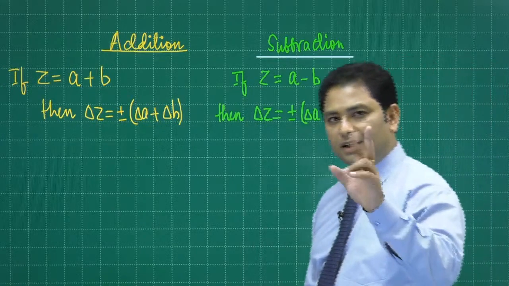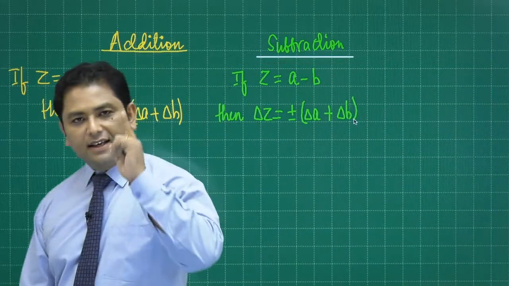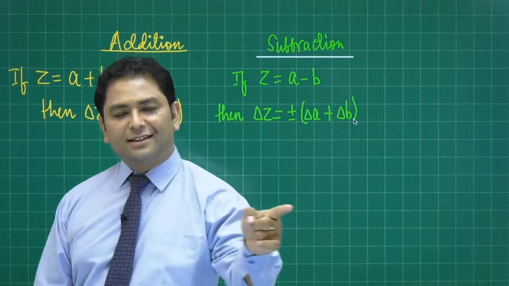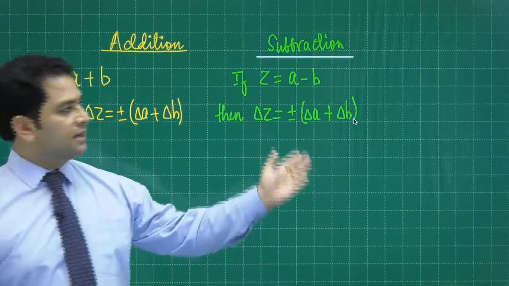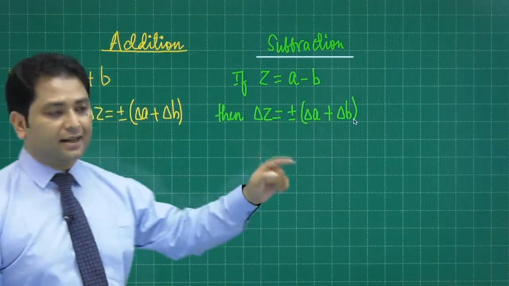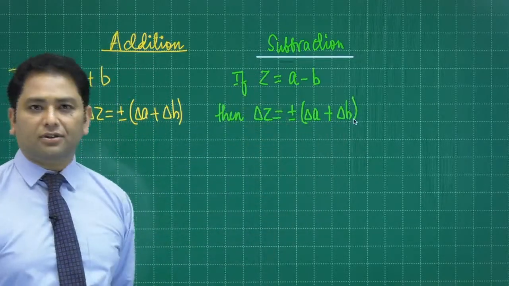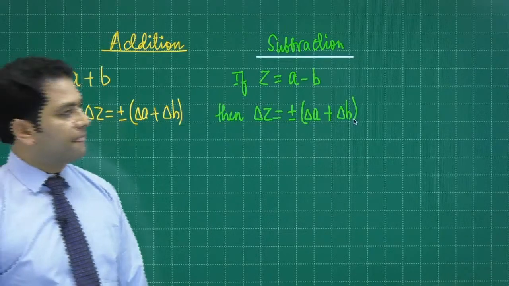Even if the quantities are subtracted, the mean absolute errors are added. I repeat again, the mean absolute errors are added whenever you subtract two quantities.